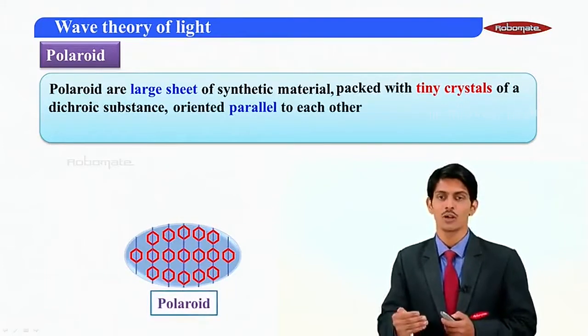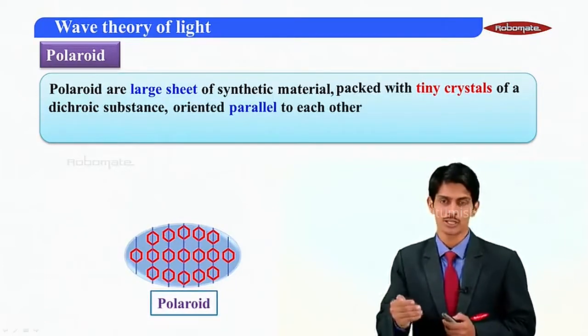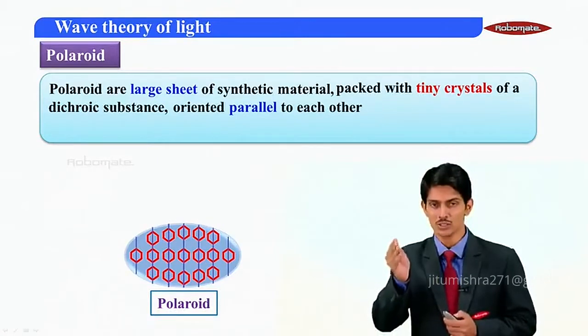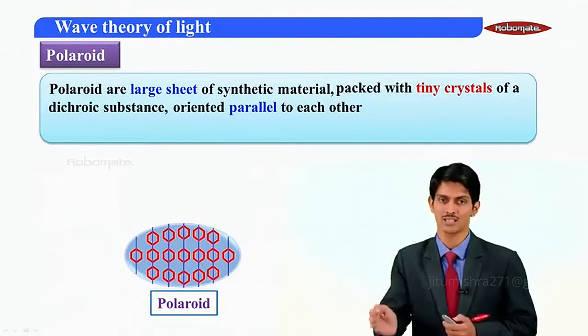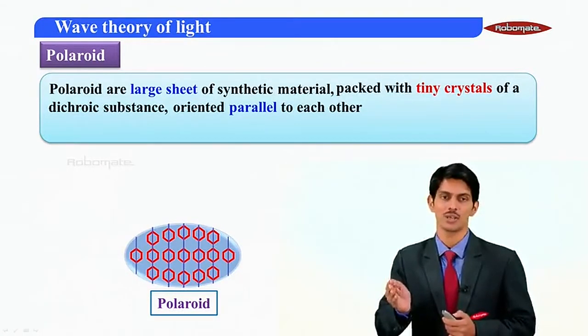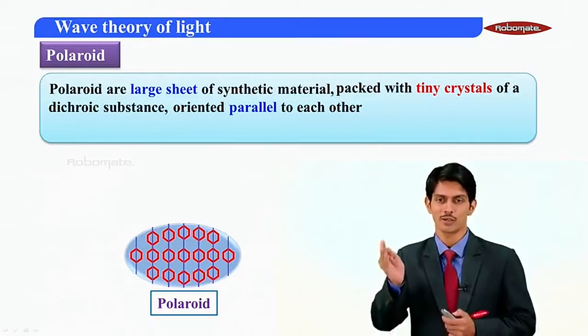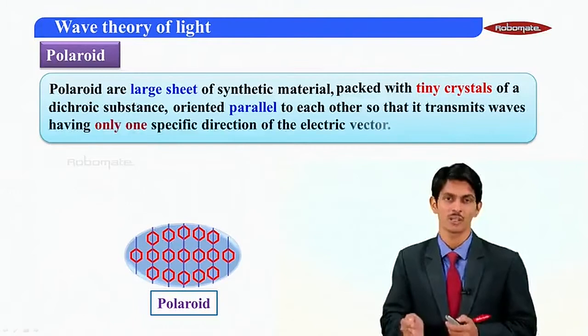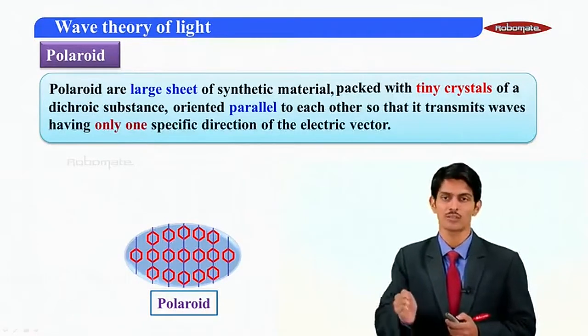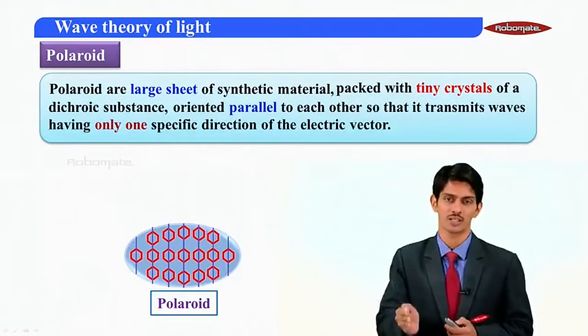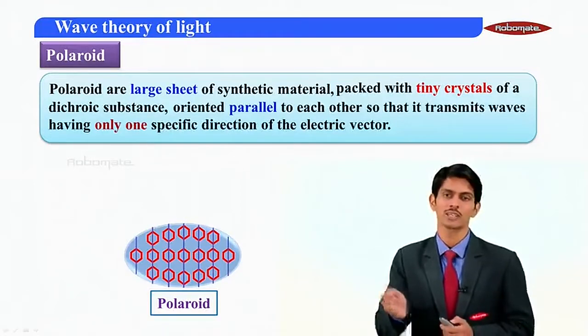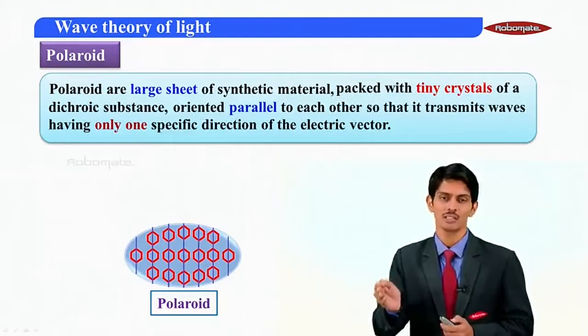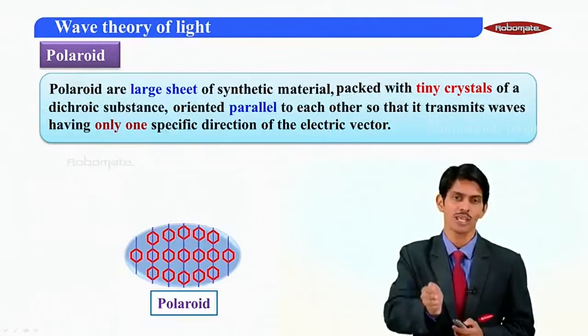Now, they are oriented parallel to each other. So the crystallographic axes of all those crystals are parallel to each other, so that it transmits waves having only one specific direction of the electric vector. It will transmit light which vibrates only in a single plane.